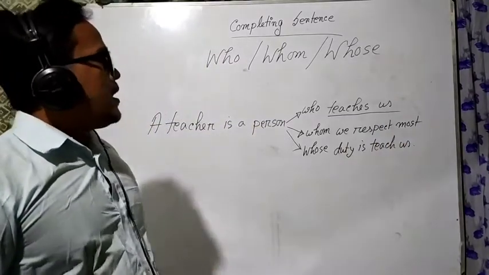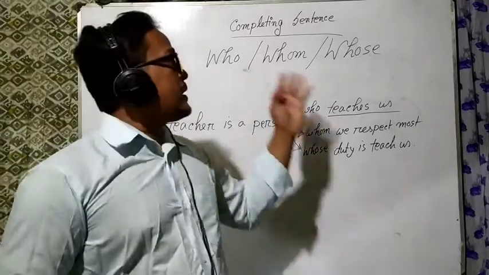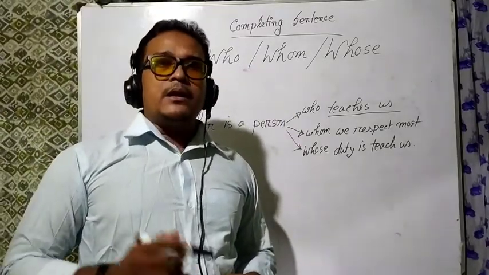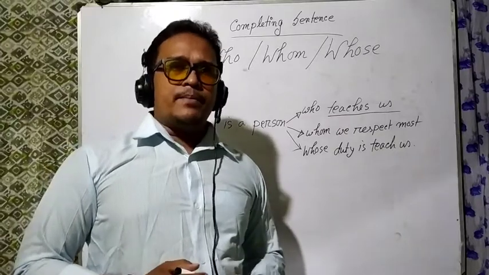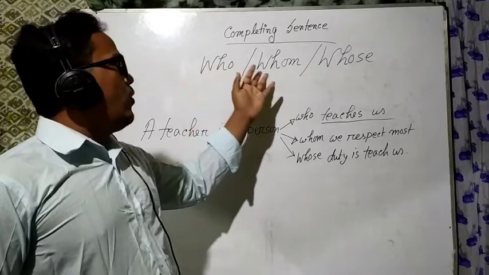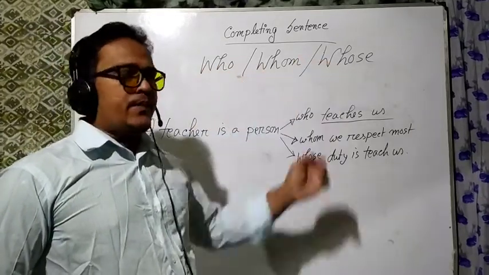So I think you will fill up if you see such kind of relative pronoun at the end of an incomplete sentence. Mind that who is a subjective form, whom is an objective form, and whose is a possessive form.